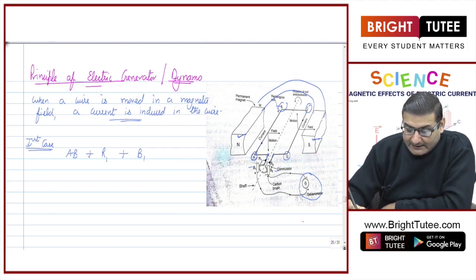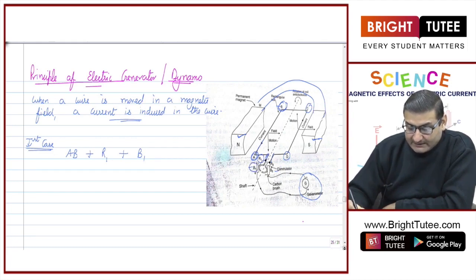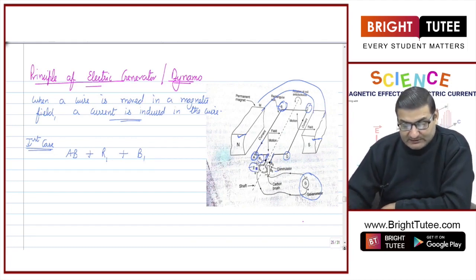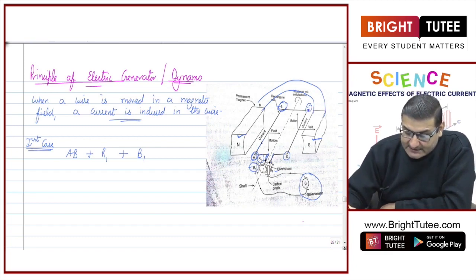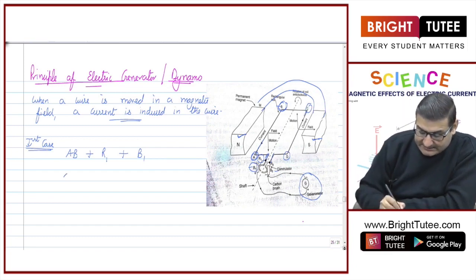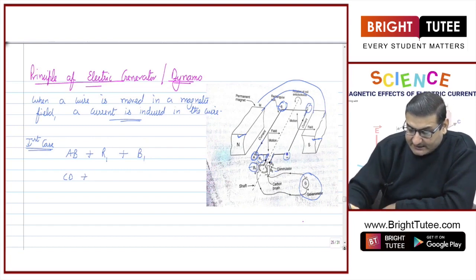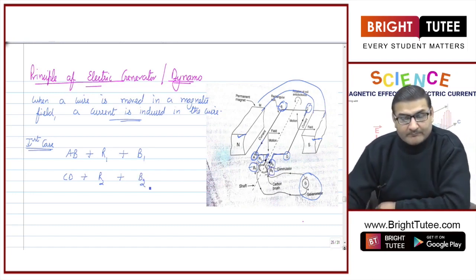I try to highlight: the AB side is connected with split ring R1, connected with B1. Similarly, the side CD is connected with this split ring R2, which in turn is connected with carbon brush B2.